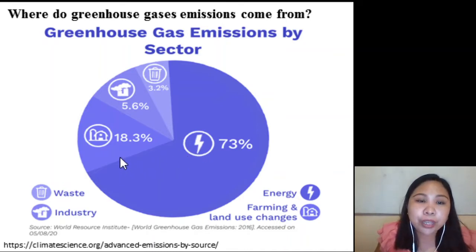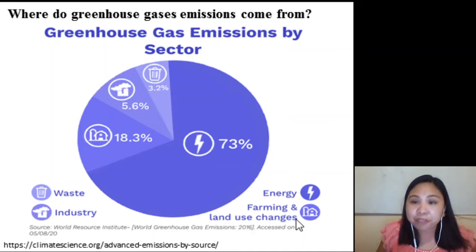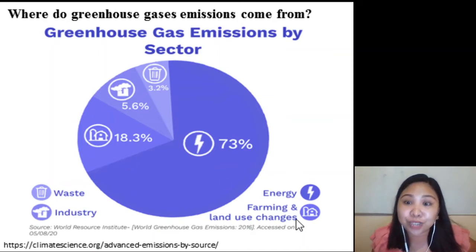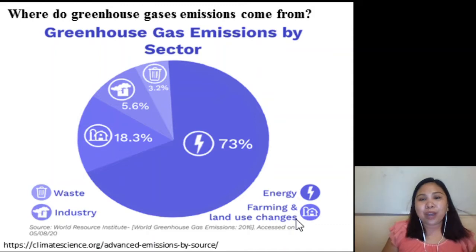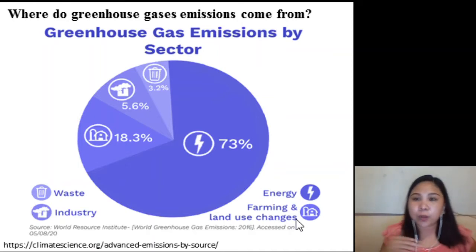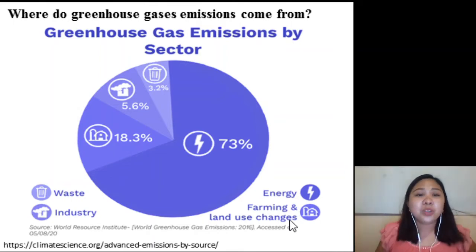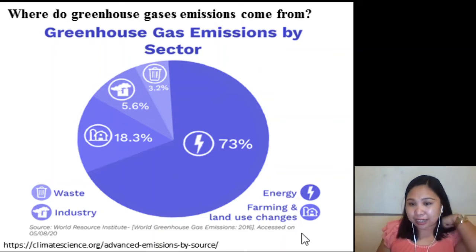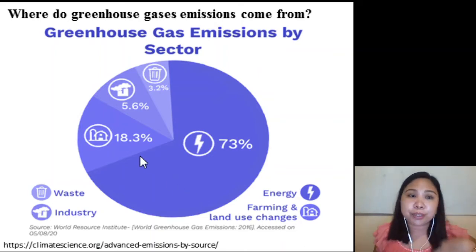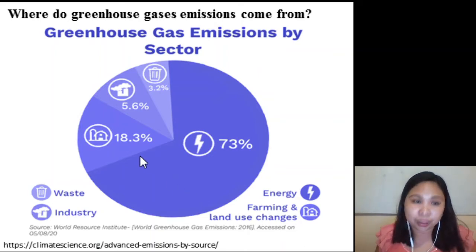And 18.3% are coming from farming and land use change. Ayan. So, agriculture, yung pag-change from forest into agricultural land, into industrial land, into commercial or residential land. Nag-i-emit po yan ng 18.3% na greenhouse gas in our atmosphere.